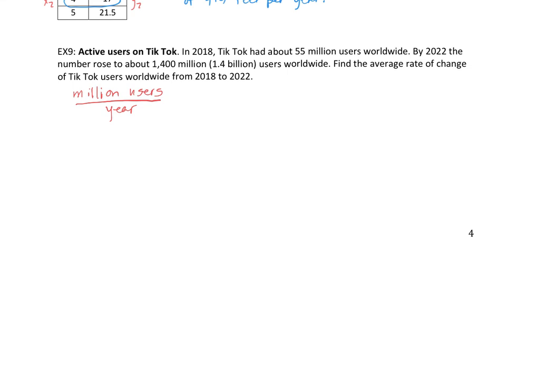Now in 2018, we had about 55 million users. So that would represent 1 point. And I'm going to let my X values be the years and my Y values be the users. So that would be the point (2018, 55).